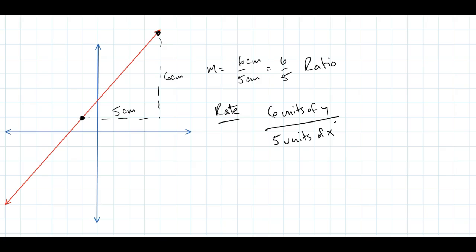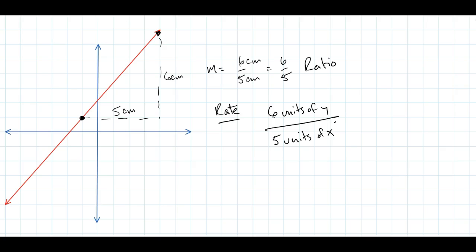And so before, when we were saying that if they're both centimeters, of course the common label is going to cancel itself out. But now, when I think about it in terms of units of y and units of x, I don't have common labels, and those won't cancel out.